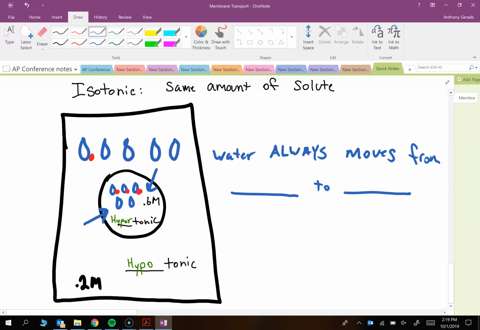I want you to use those terms hypertonic and hypotonic. Talk with your partner if you need to. What do you think we would put in there for this rule? Water always moves from what? Is it from hypotonic to hypertonic, from hypertonic to hypotonic, from isotonic to hypertonic? What the heck does it move from? Water always moves from blank to blank.